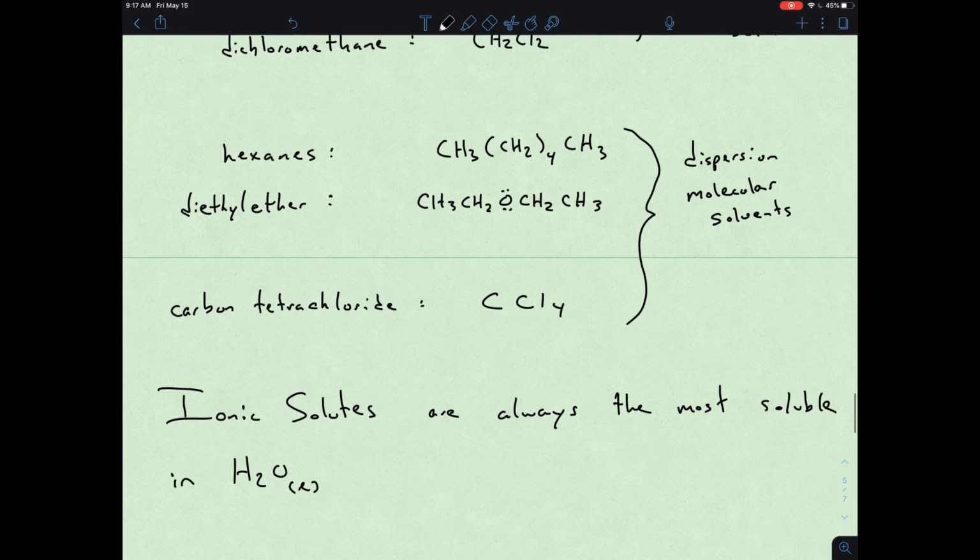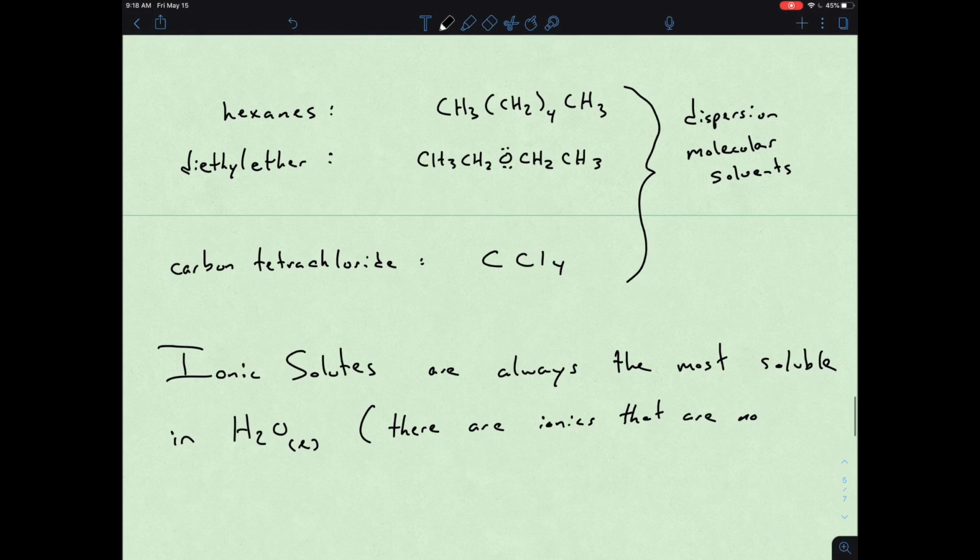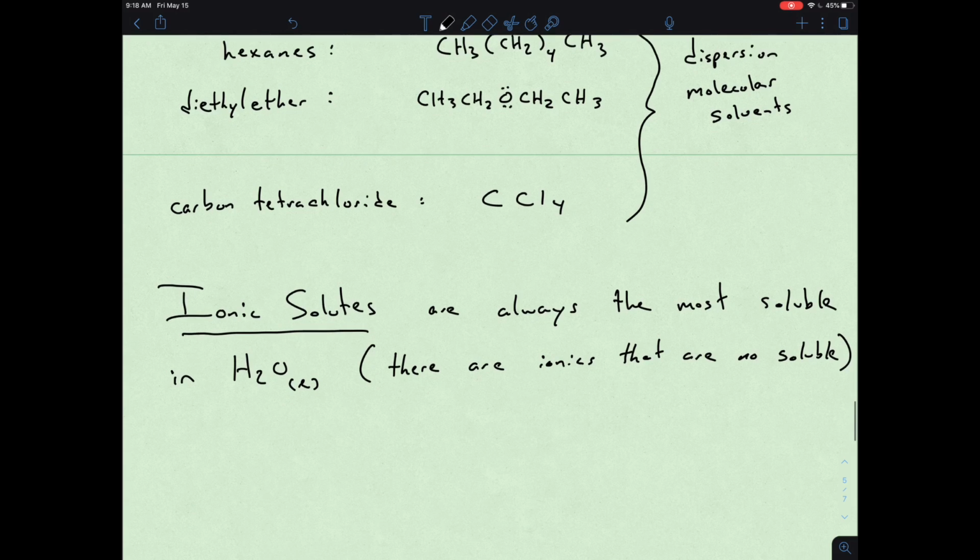And ionic solutes are always the most soluble in water. There are ionics that are not soluble. But when we're thinking about an ionic solute, we really want to pick H2O. That's always where we're going to see the best solubility.